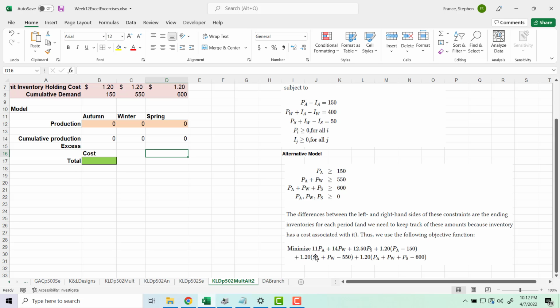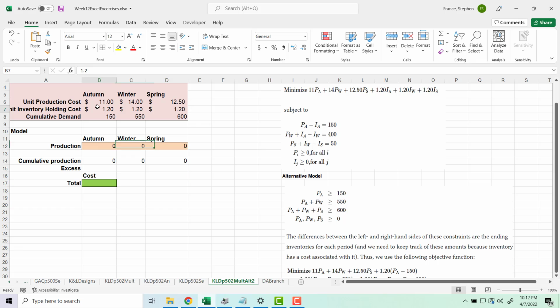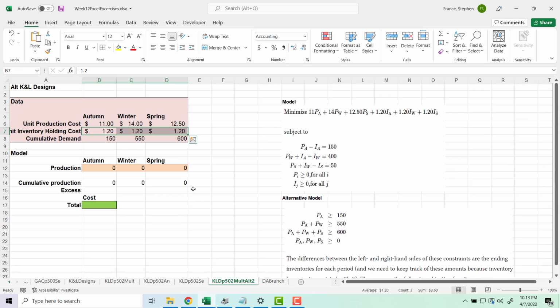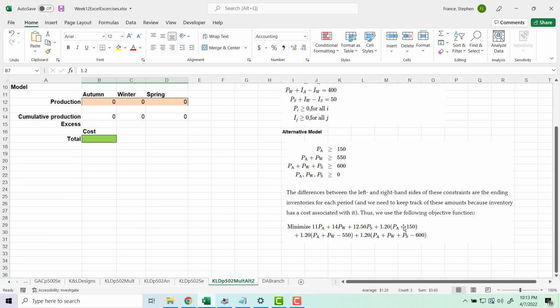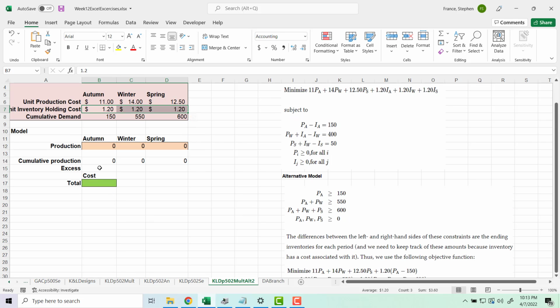But in order to actually model this and multiply it by our inventory cost in the objective equation, we need to actually be able to calculate, for example, PA minus 150, PA plus PW minus 550. So basically, we have a variable here, not a decision variable, which is basically excess production.